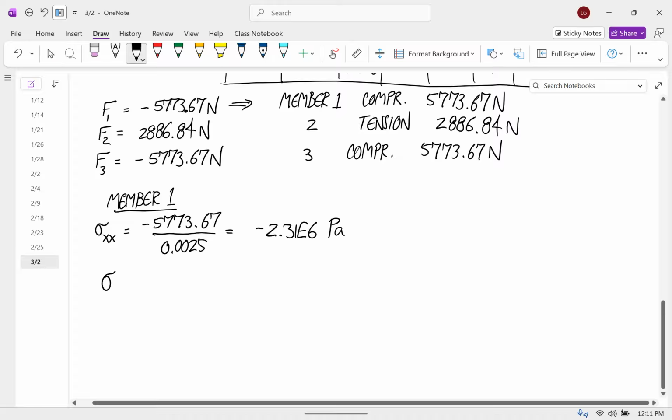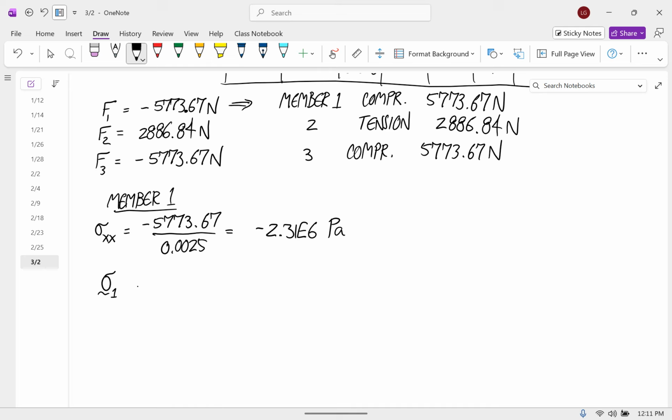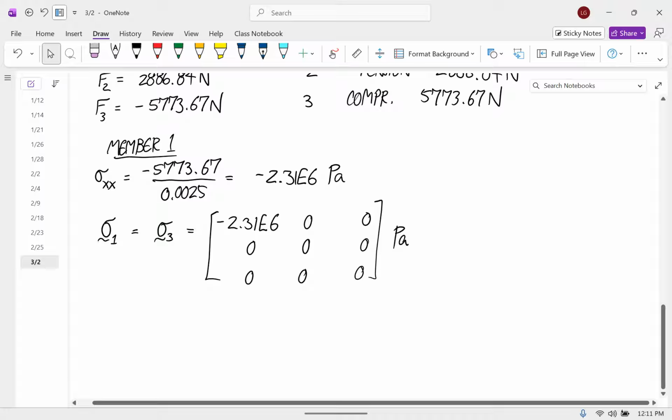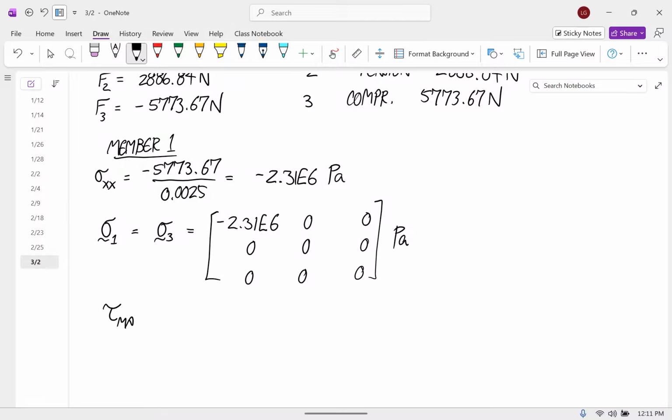So the stress tensor for 1, and it's going to be the same as the stress tensor for 3 because they have the same tension value, is negative 2.31 times 10 to the 6. Zeros everywhere else. And this is in pascals. And then tau max is going to be the same for both of those.